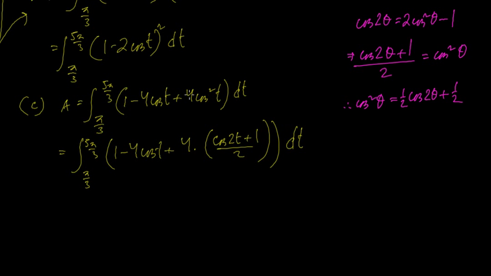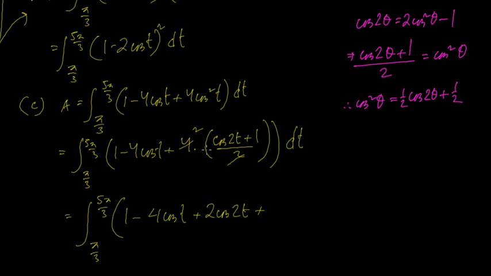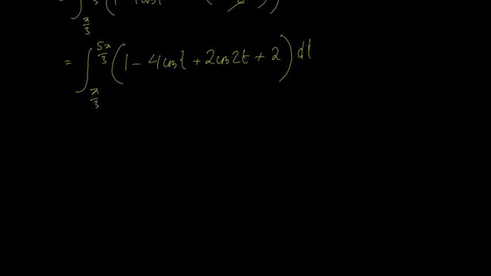That means instead of cos squared theta, I'm writing cos 2t, meaning 2 theta, plus 1 divided by 2. I can cancel this 2 with this 4, so it would be the integral from pi by 3 to 5 pi by 3 of 1 minus 4 cos t plus, now 2 into cos 2t is 2 cos 2t, plus 2 into 1 is 2, dt. Now we can integrate.